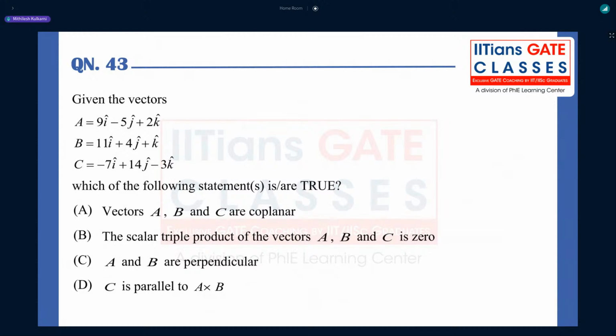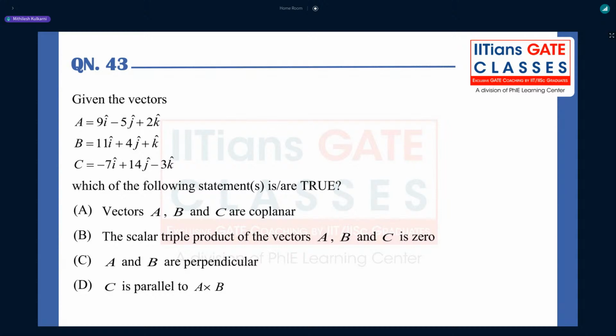The first is whether A, B, C are coplanar or not, that we have to check. The second one is that the scalar triple product of vectors A, B, C is 0. The next one is about whether A and B are perpendicular. And the last option is that C is parallel to A cross B.